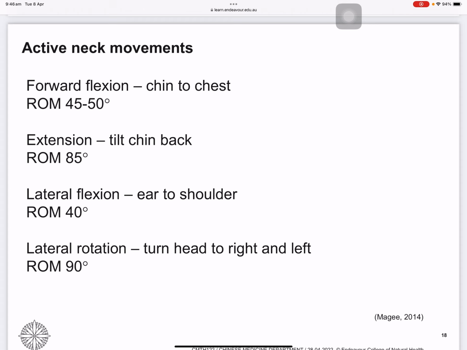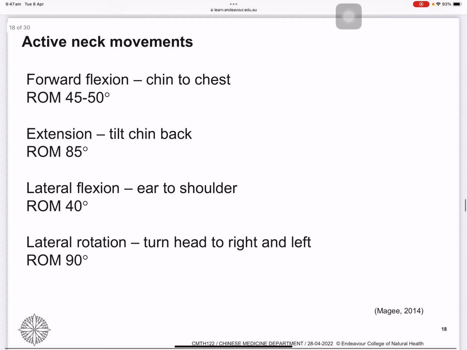Firstly, the forward flexion of our chin to the chest. The normal range of movement should be about 45 to 50 degrees, like this. Normally we can't use our chin to touch the chest.